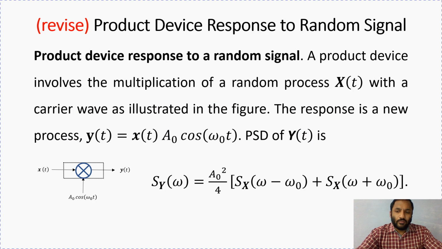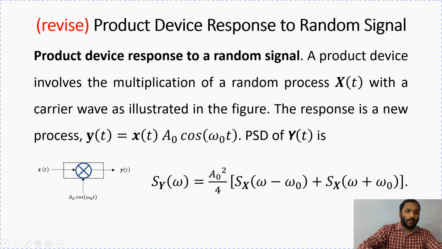Now this is something that we discussed in the last class, called the product device, and normally it is used to calculate the product of a certain input process x of t and a carrier signal A naught cos omega naught t, where omega naught is a fixed constant.